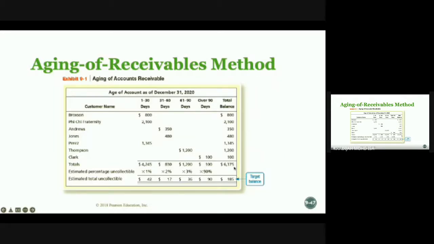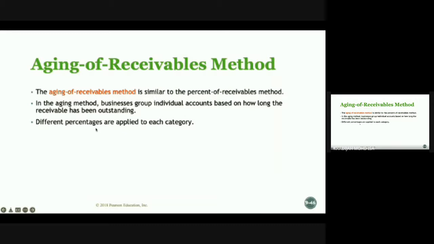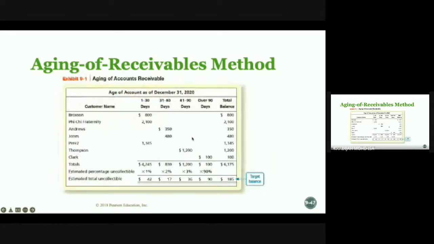So when I say that we're going to estimate based on aging, we're going to give you certain percentages, and the percentage applied to each category is different. Why? Because for example, for those who are paying you within 30 days, it is 1% only, which means you estimate that the amount that will be uncollectible for those 30 days is very small.